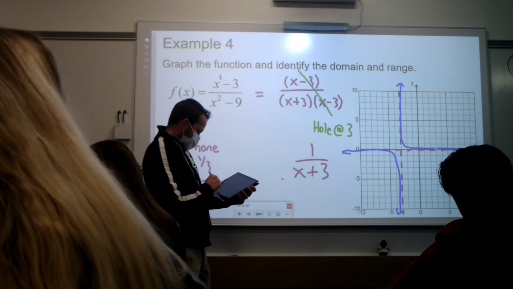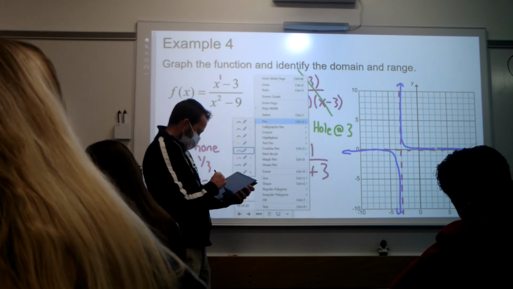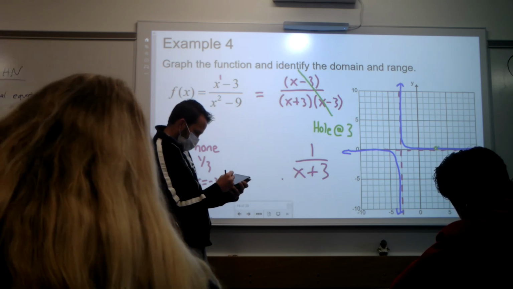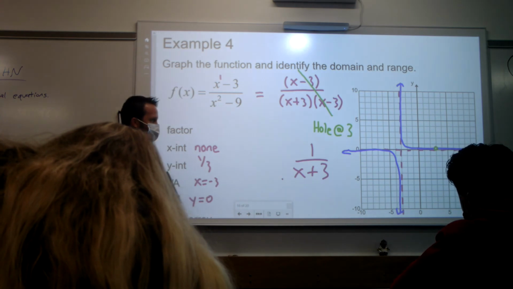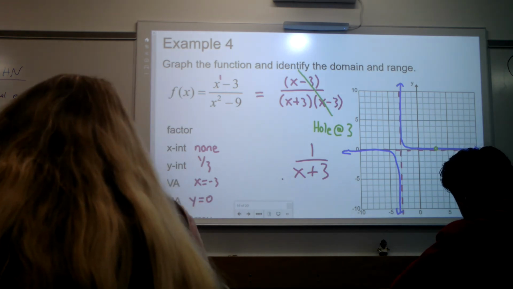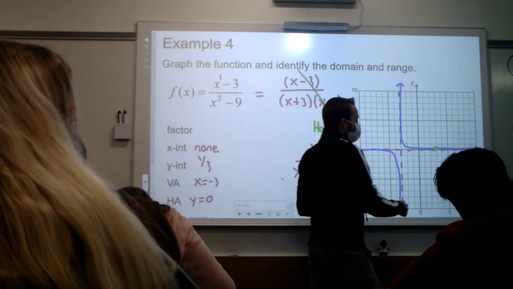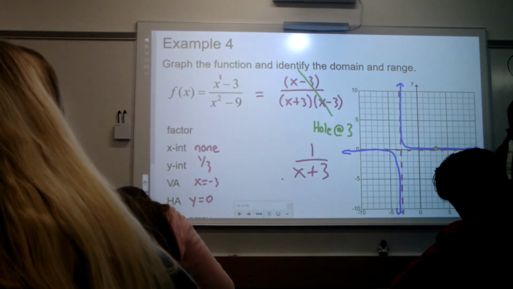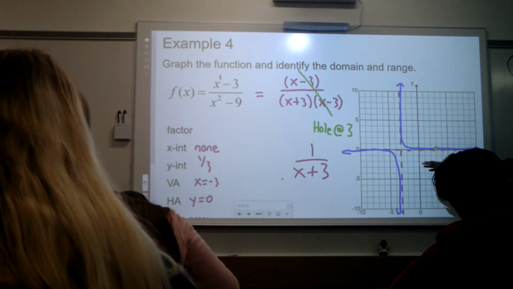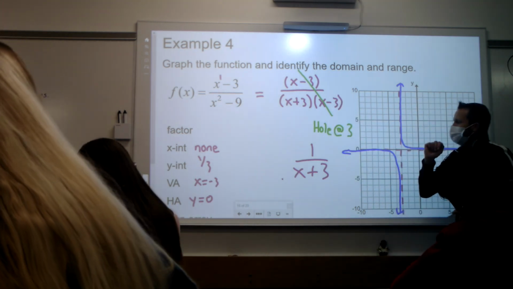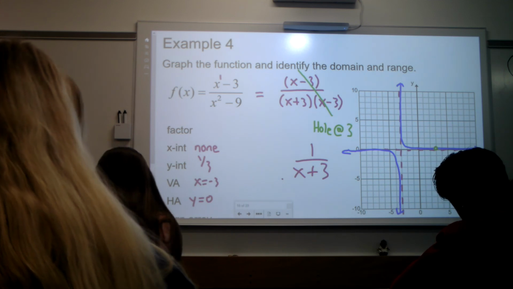And what I'm going to draw there instead, and I usually use a different color so it's more noticeable, is a hole in that graph. And make sure it's an open circle so that they know we're not including that point. So it's going to look just like 1 over x plus 3, but since we crossed out this x minus 3, we're going to have a hole at 3, so it looks like that.